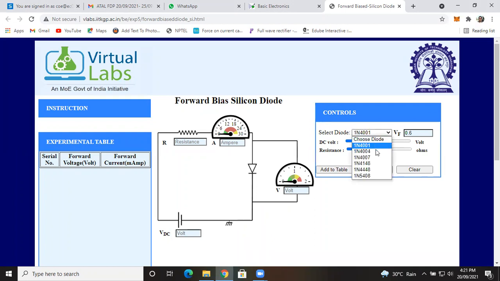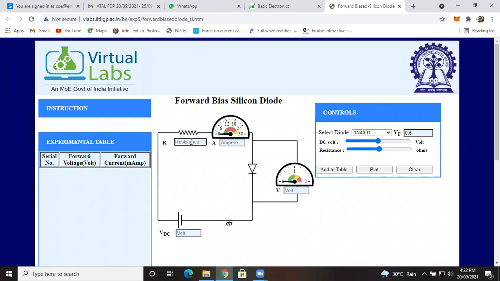There are many PN junction diodes, but if I select one, you can see the forward bias voltage comes automatically. When I click on the diode, the forward bias voltage means the maximum barrier potential of that diode is 0.6 volt.